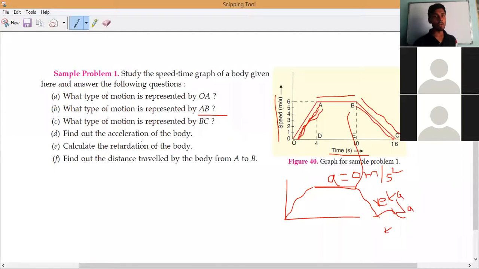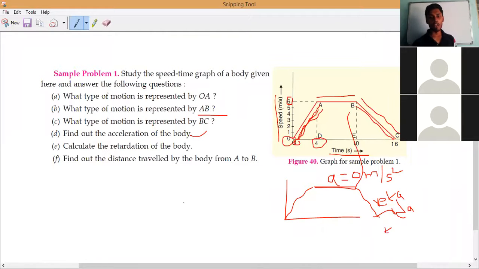Now find out the acceleration of the body. Please, all of you find what is the acceleration. You observe here. Speed is 6 meter per second. Initial velocity is 0, initial time is 0 and final time is 4.